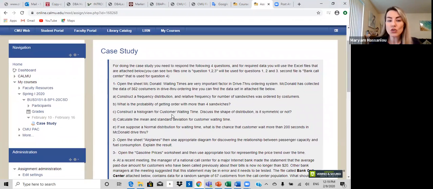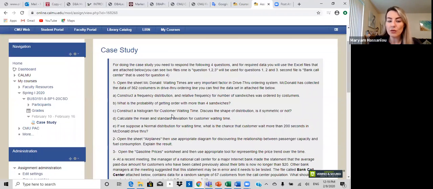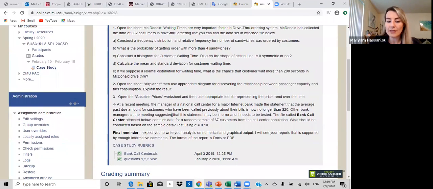For the first 3 questions, 1, 2, 3, you need to download the Excel files. For doing this case study, you need to download the data sets, like the data sets that you practiced in class with me on Excel files.